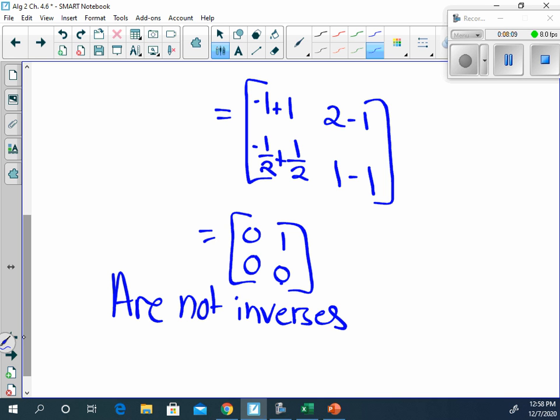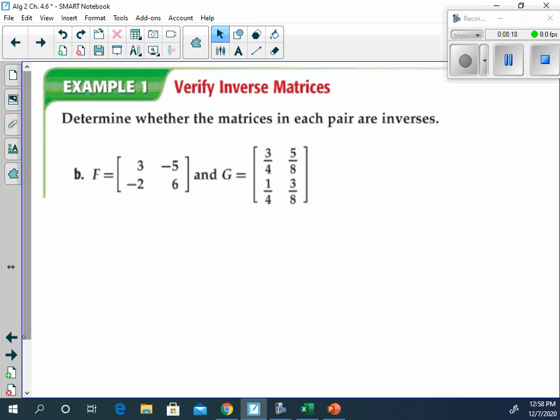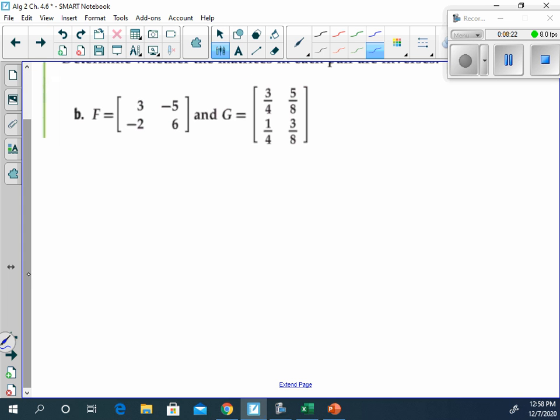If they are inverses, we get the identity matrix. If not, we'll get something else. All right. As soon as I get one matrix, after multiplying them together, that's not the identity, we're done. They're not inverses. It will not work.